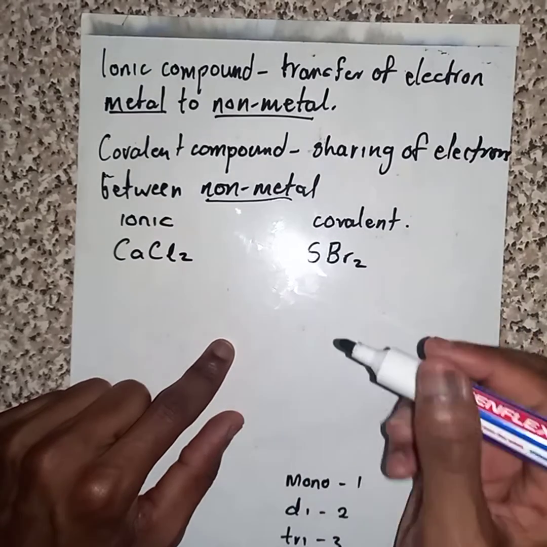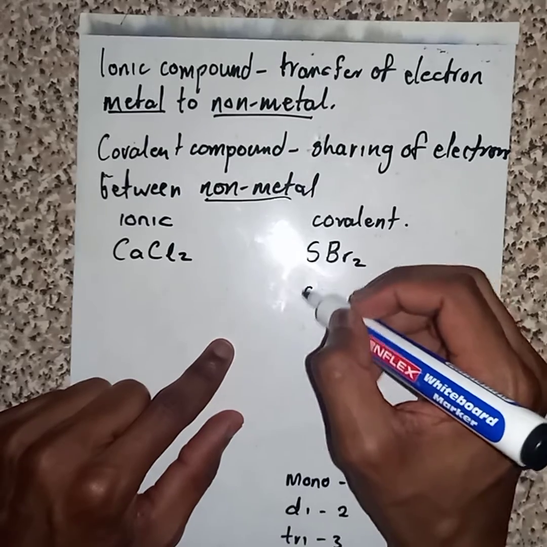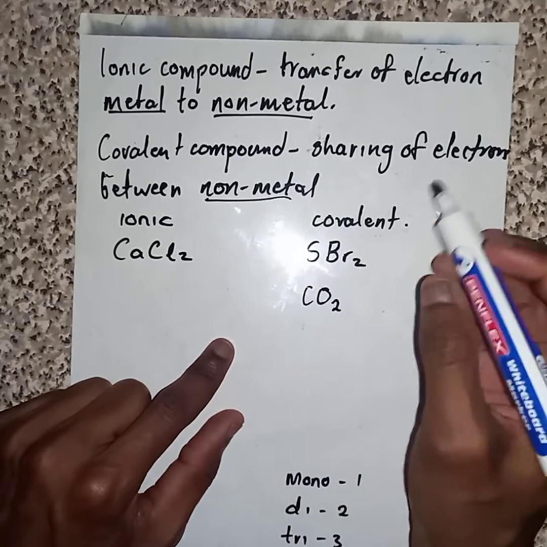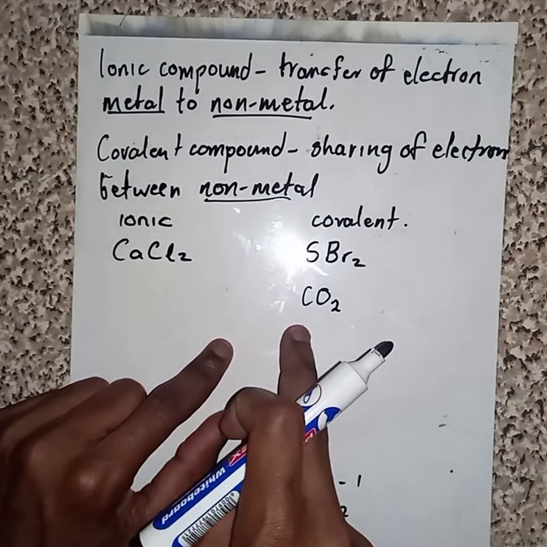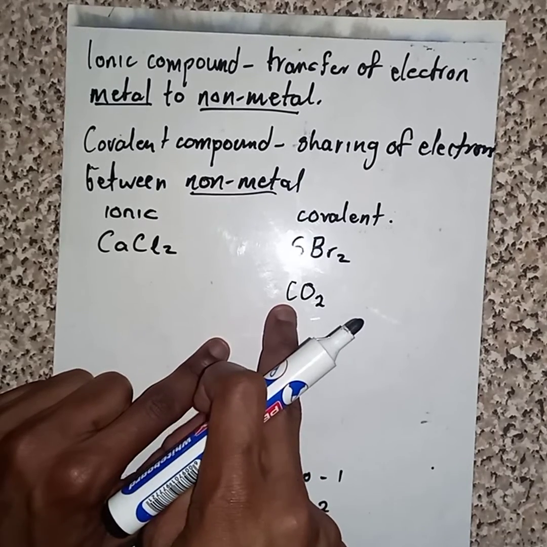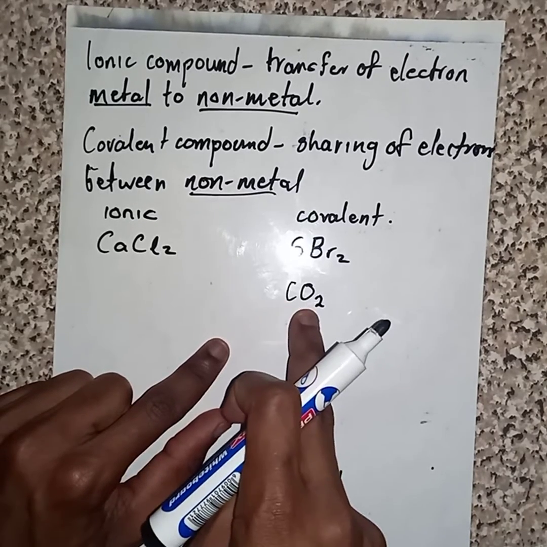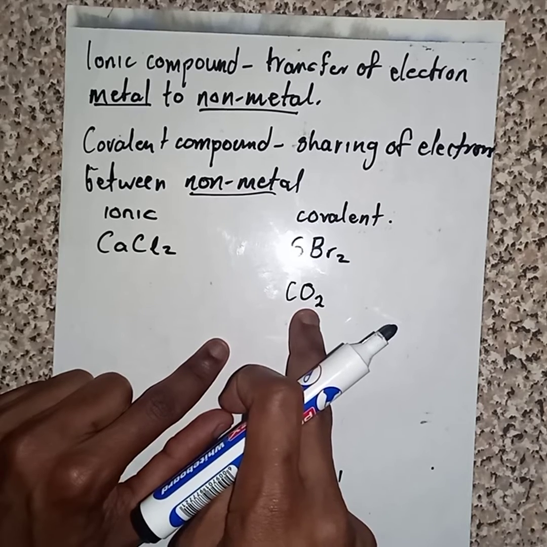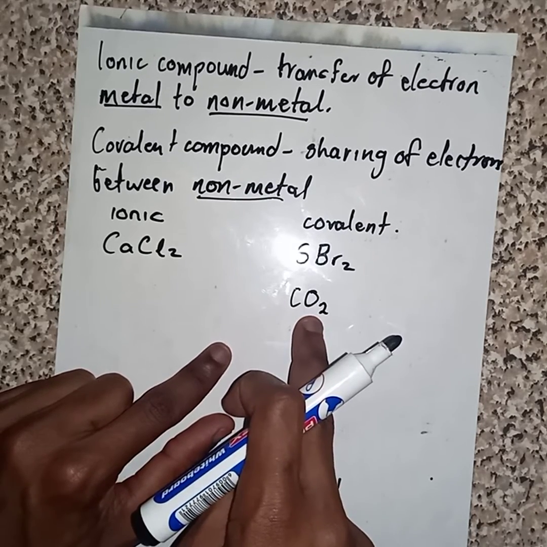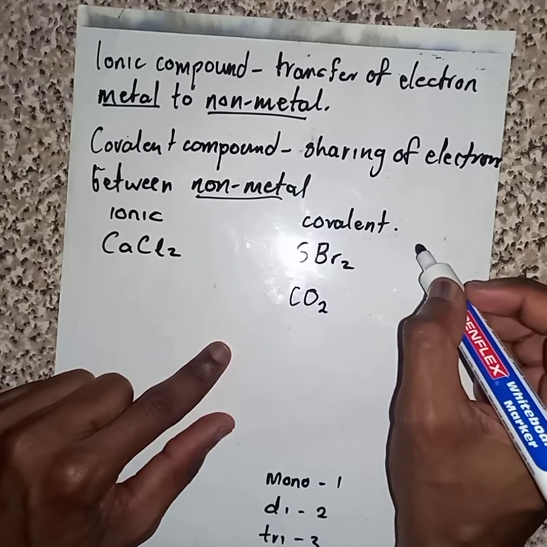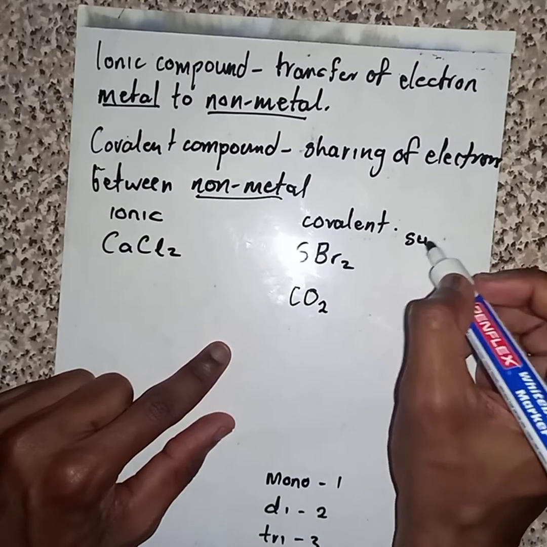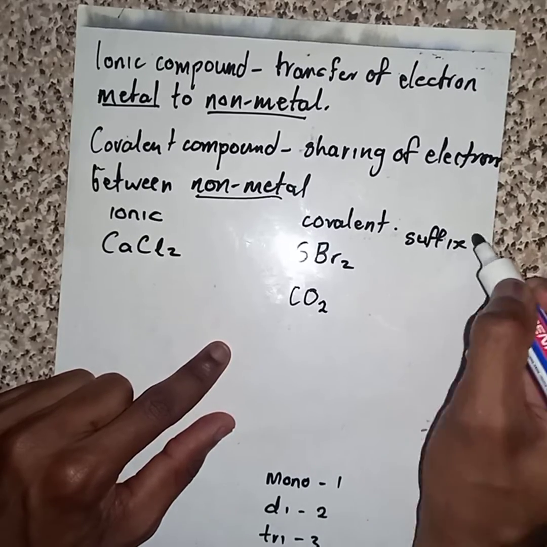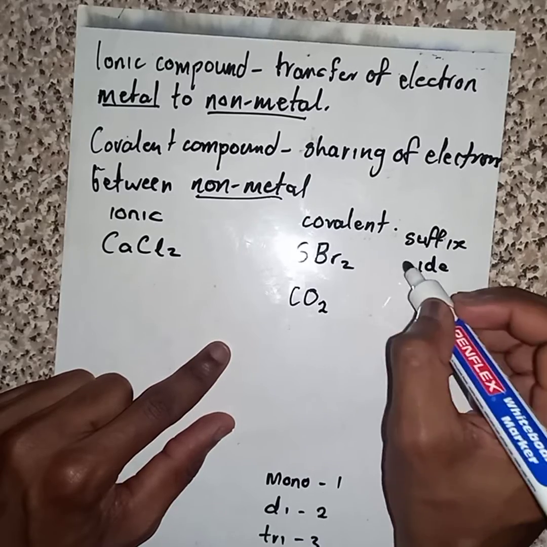Let me start with this one because we are more familiar with this one. We have only one carbon, we have 2 oxygen, but we are not going to say oxygen, we are going to say oxide. Always remember the suffix IDE.